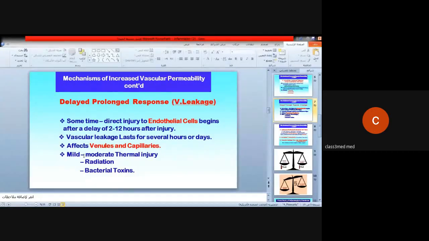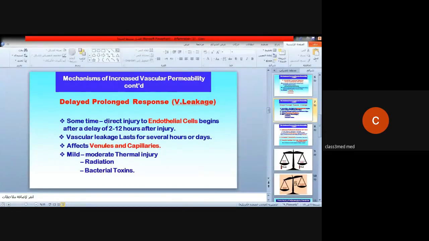Sometimes there is a delayed prolonged vascular leak, meaning the vascular leak does not begin immediately after injury, but is delayed for hours, and it persists for a long period of time.